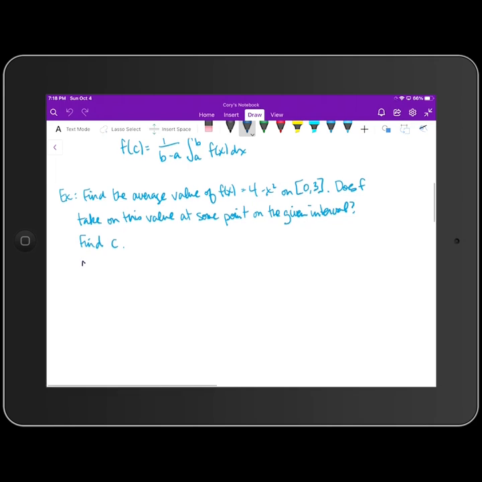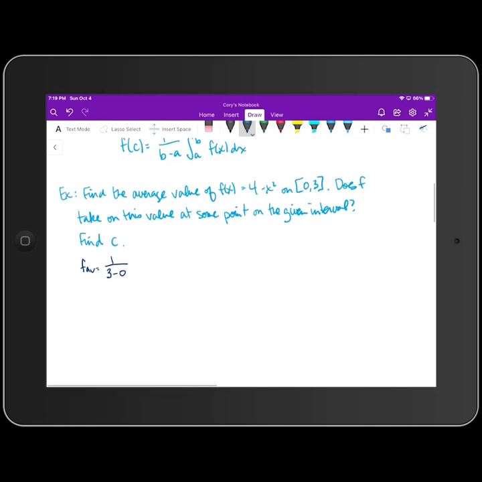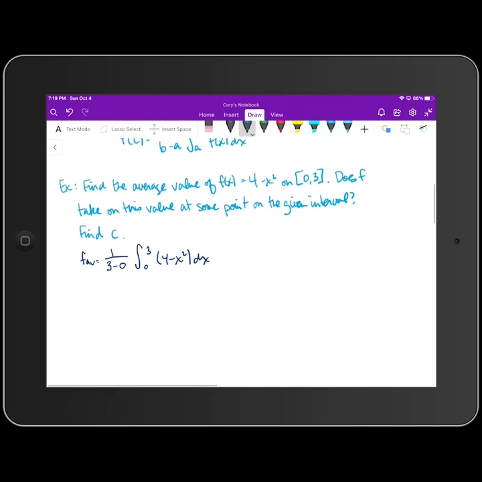So f sub av is going to be equal to 1 over the length of our interval, which is the ending point 3 minus the starting point 0, times the integral from 0 to 3 of the function f of x, which is 4 minus x squared, which we are integrating with respect to x. So really easy integral for us to evaluate.